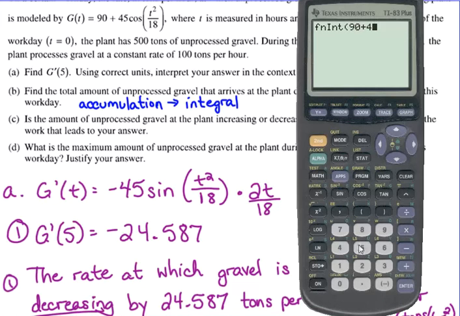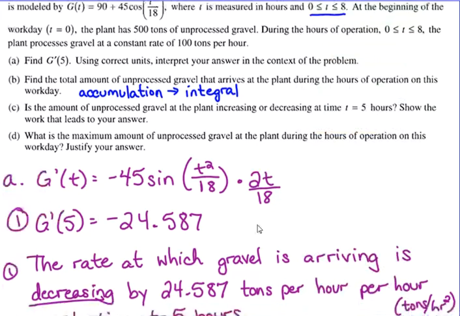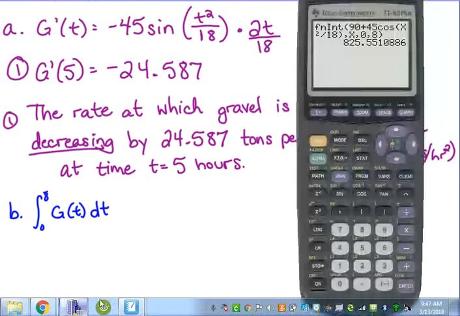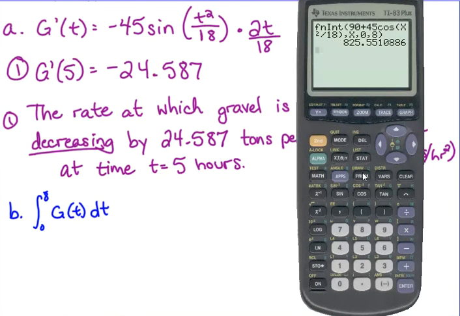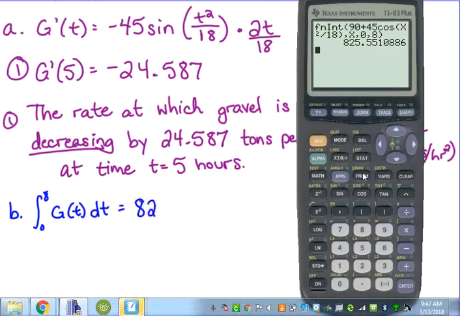90 plus 45 cosine x squared over 18, comma x, comma lower bound, comma upper bound. It takes a second to give me 825.551. You should always include units.